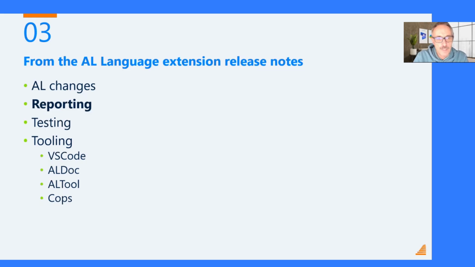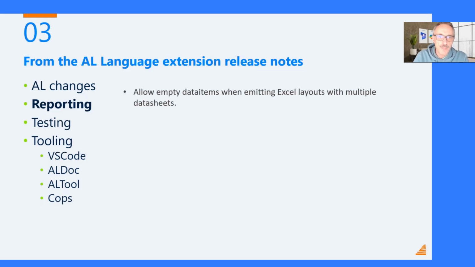Then for reporting, there are also some changes. If you have an empty data item in your report and you create an Excel layout there, it will now remove the empty worksheet that is created in Excel.